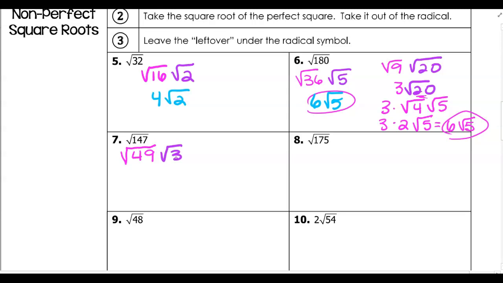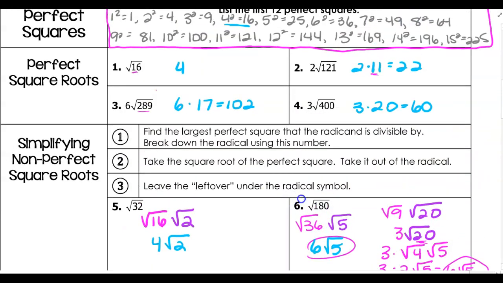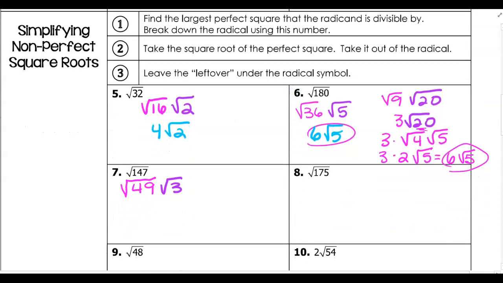Another way to check for perfect square factors, you can actually look at that number and divide it by those perfect squares all the way up to halfway to that number. So 147 is almost 150, so half of that is 75.